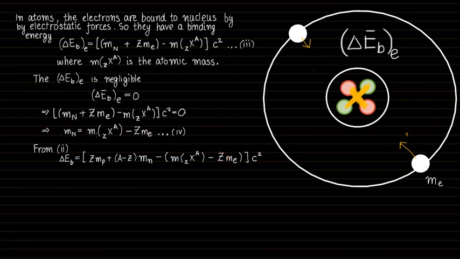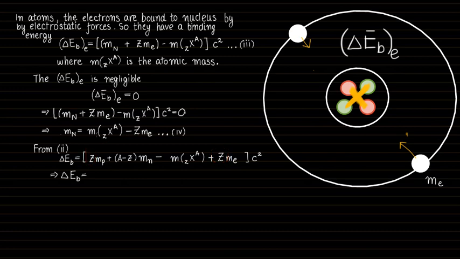positive. So my binding energy in terms of the mass of protons, in terms of the mass of neutron, in terms of the atomic mass, in terms of mass of electron, can be written as ZMP plus (A minus Z)MN minus atomic mass plus the total mass of electrons. So if you look at these two terms, you have a Z and a Z common.